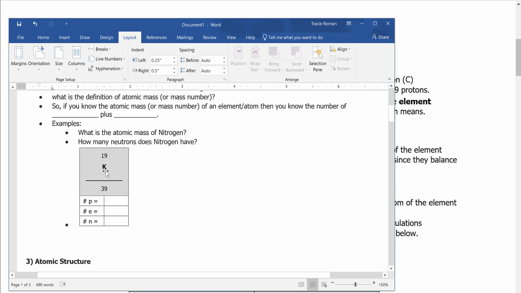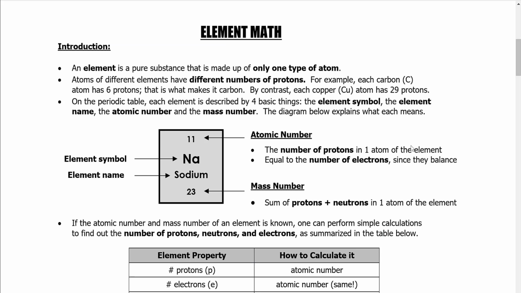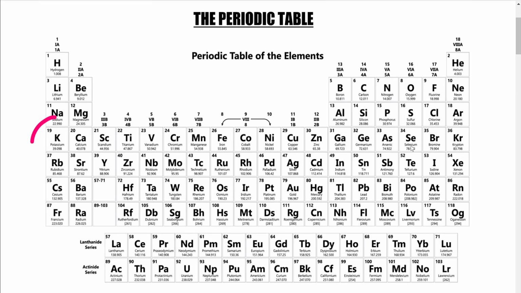So this is potassium, and the atomic number is at the top, and that's the number of protons. You would have to look on the periodic table to see what the name is with this particular symbol. So for that symbol K, we go to the periodic table, and we find the letter K, and it's right here, number 19, and it says that the name is potassium.